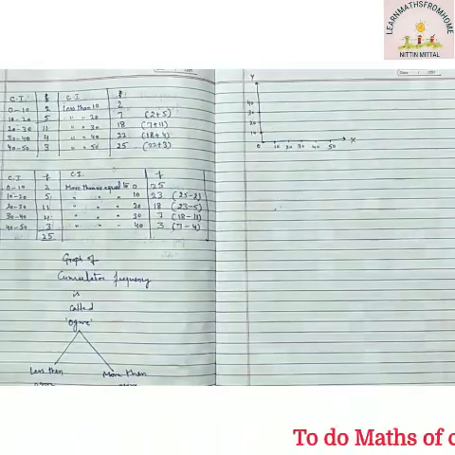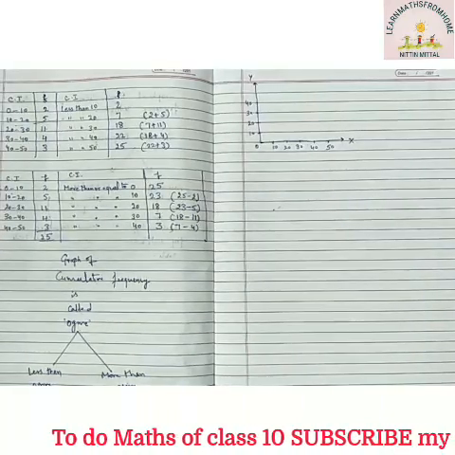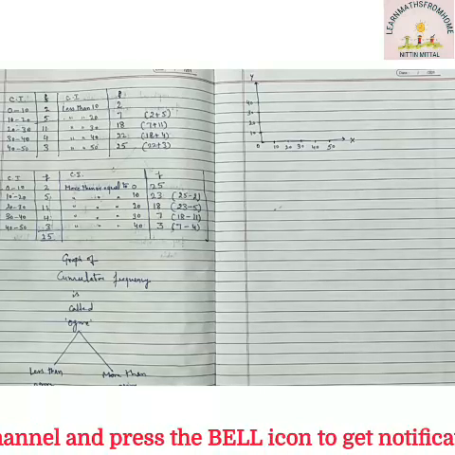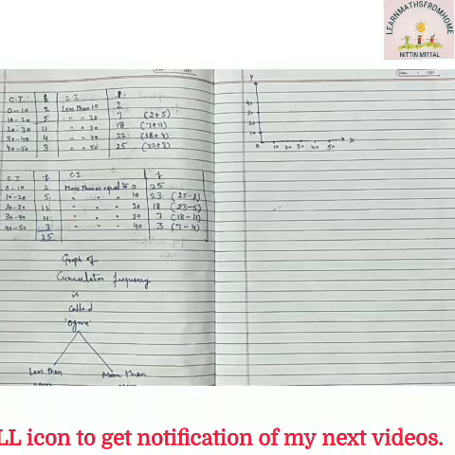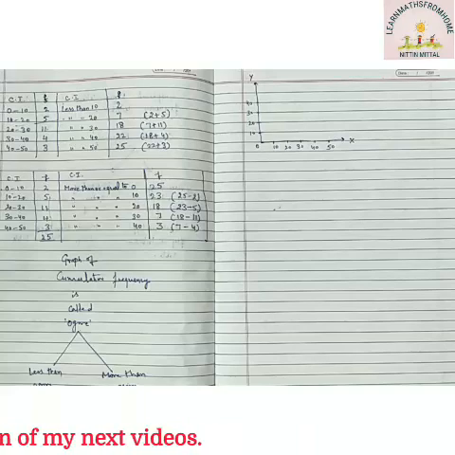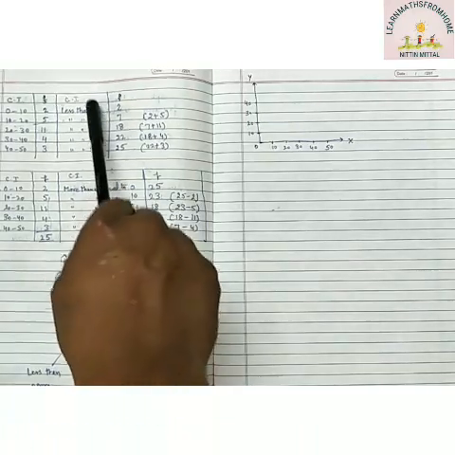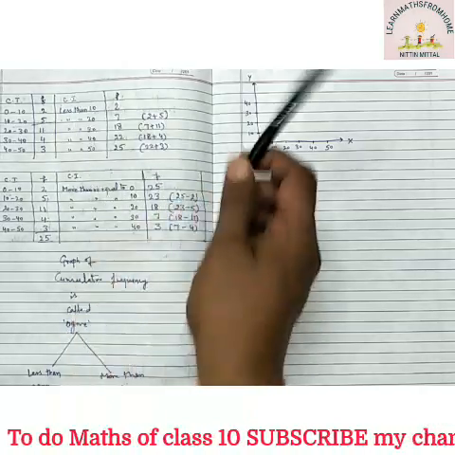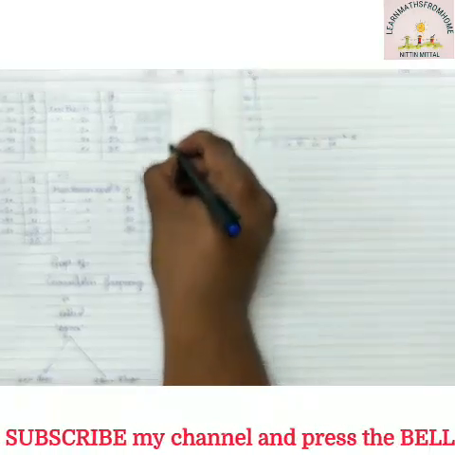You can take 5, 10, 15, 20, so on. So to make you understand, I have taken roughly the values. So what we have to do next, we have to represent this column on x-axis and these values on y-axis. So our coordinate point will be what? Let me explain you here.